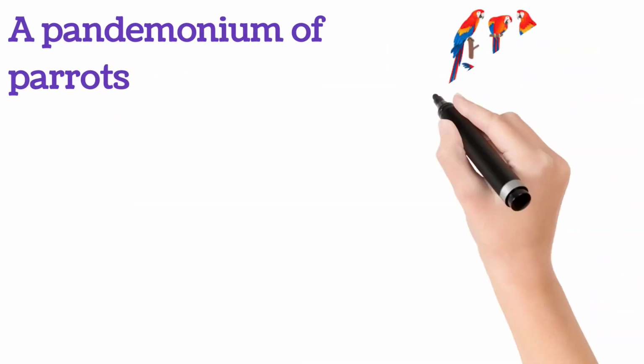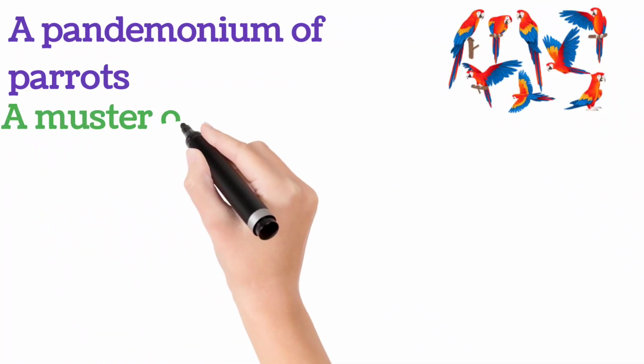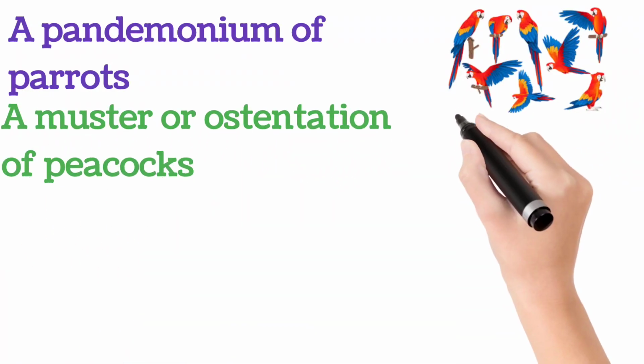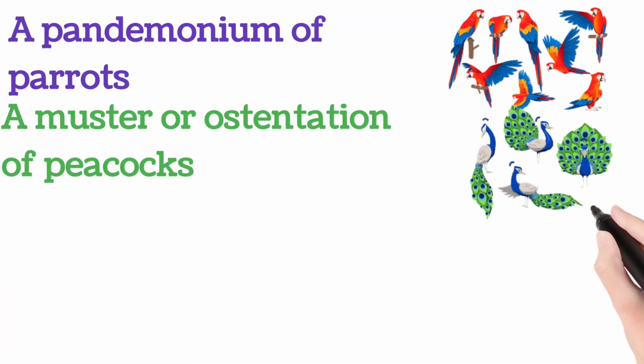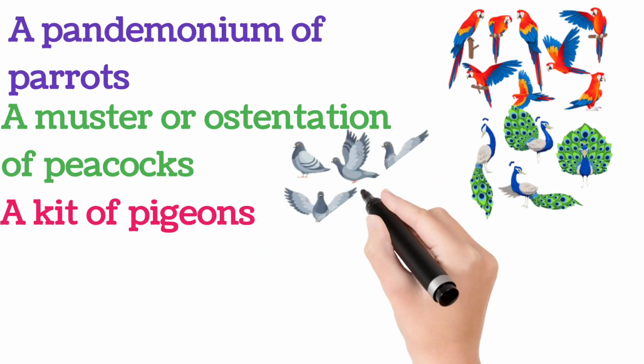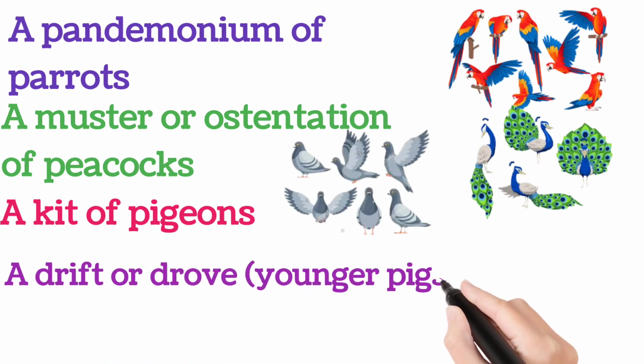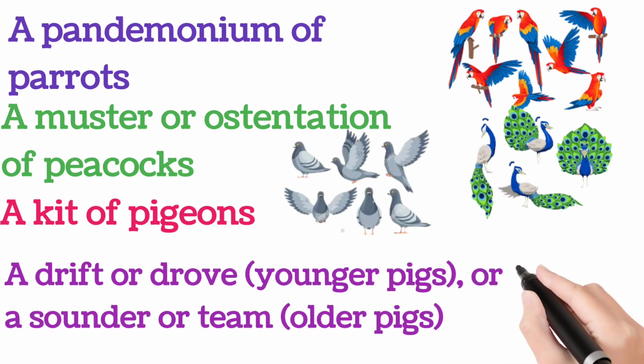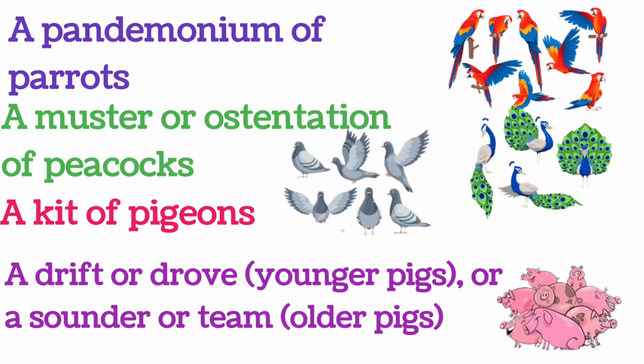A pandemonium of parrots. A muster or ostentation of peacocks. A kit of pigeons. A drift or a drove of younger pigs, and a sounder or a team of older pigs.